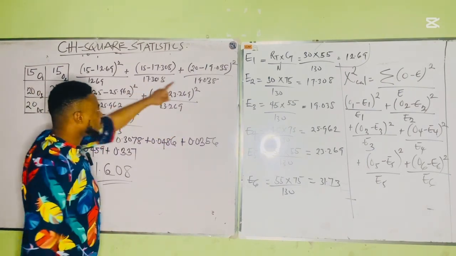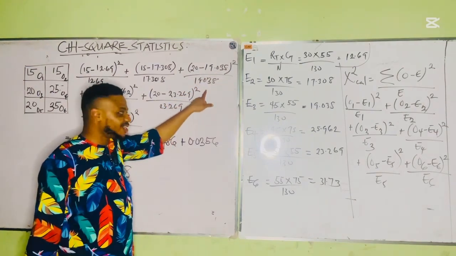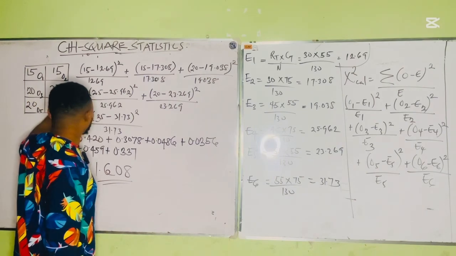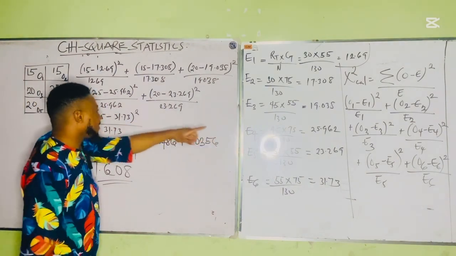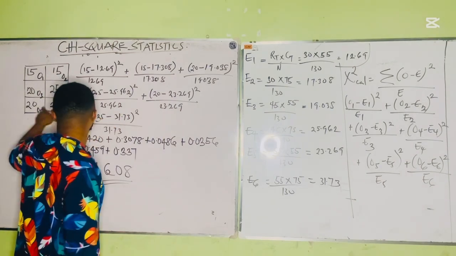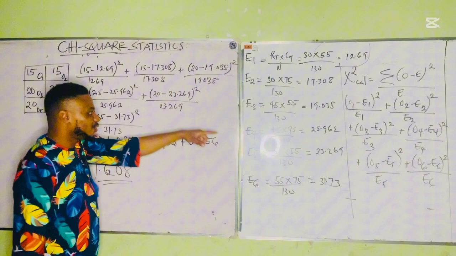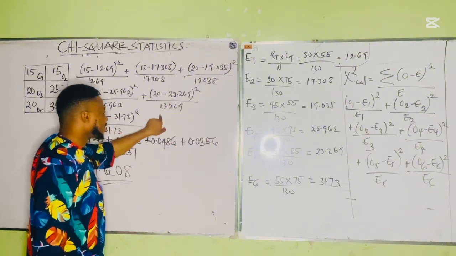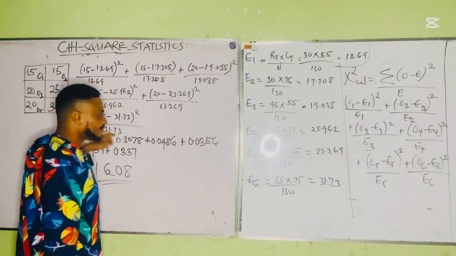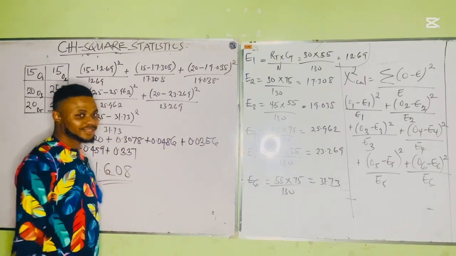Then your O3 is 20 minus 19.038 divided by 19.038. Your O4 is 25 minus 25.962, all squared divided by 25.962. While your O5 is 20, 20 minus its E5, 23.269, all squared divided by 23.269. Then lastly, your O6, 35 minus 31.73 divided by 31.73. This is all squared, by the way.